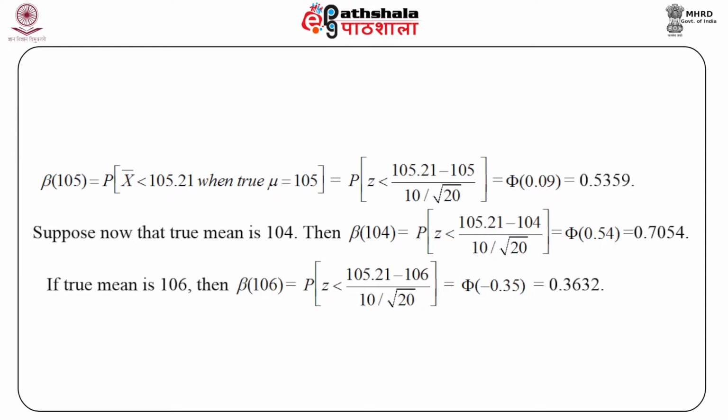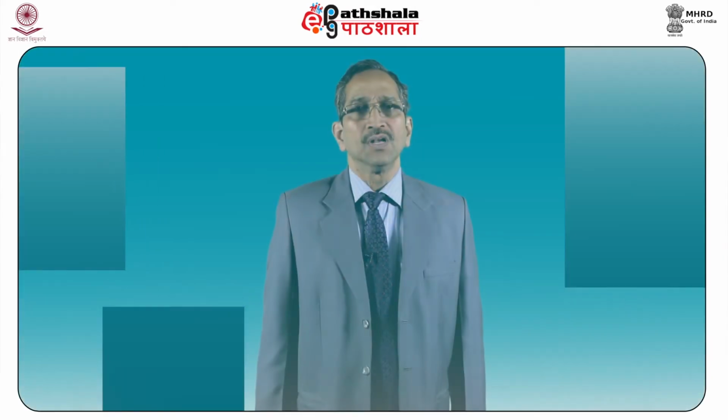Similarly, if the true mean is 106, then beta 106 comes out to be equal to 0.3632. Similarly, we can calculate the probability of type 2 error for different alternative values of the true mean if the null value is false.